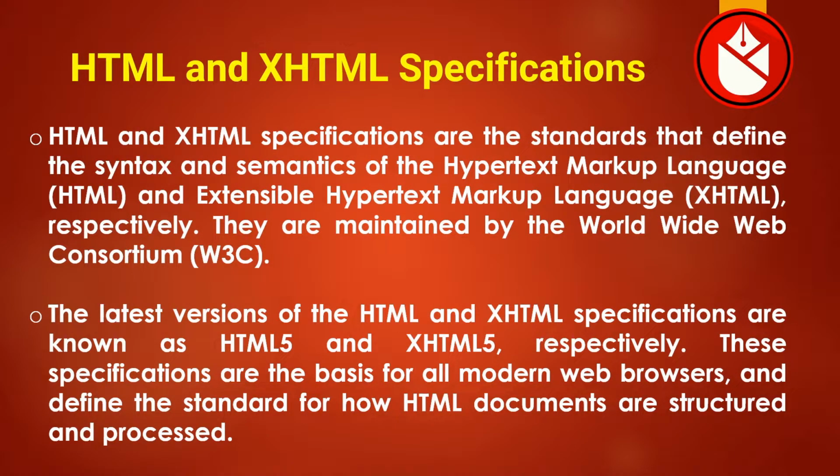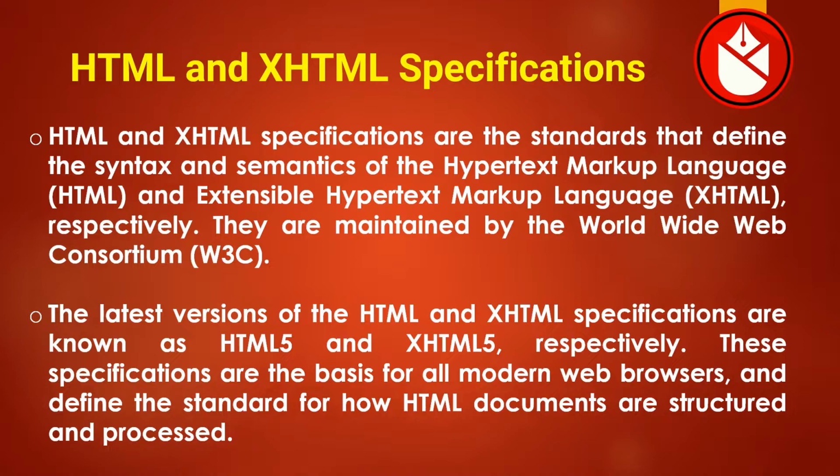So HTML and XHTML specifications are the standards that define the syntax and semantics of the hypertext markup language, that means HTML, and extensible hypertext markup language, that means XHTML respectively. They are maintained by the World Wide Web Consortium, that means W3C.